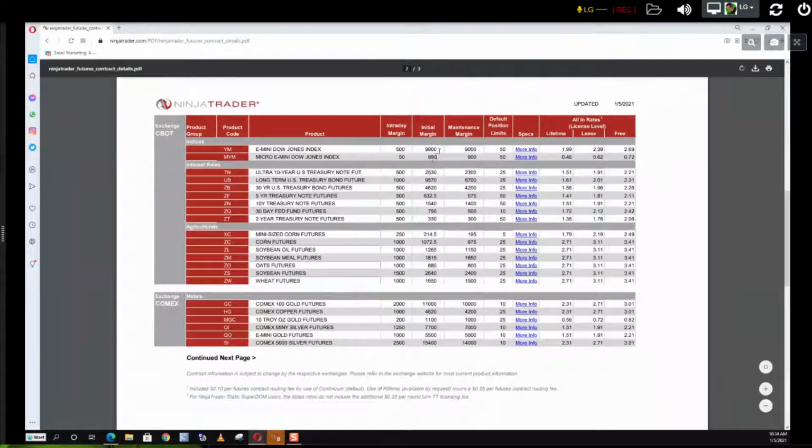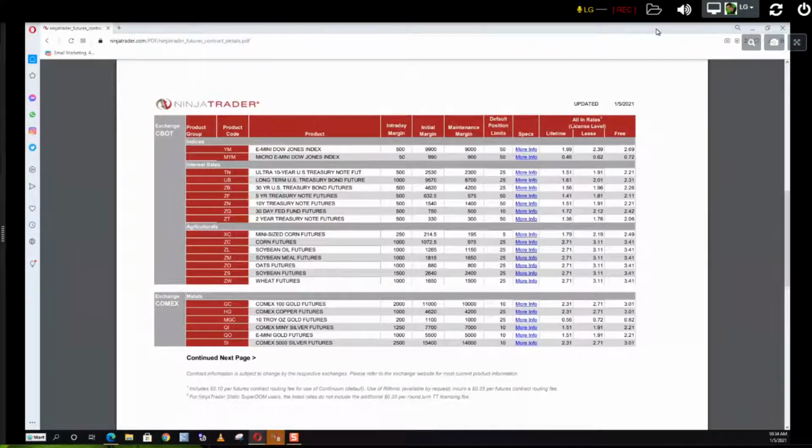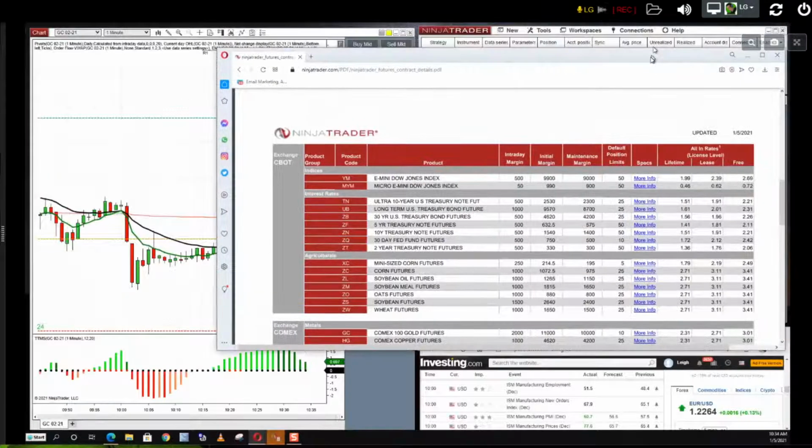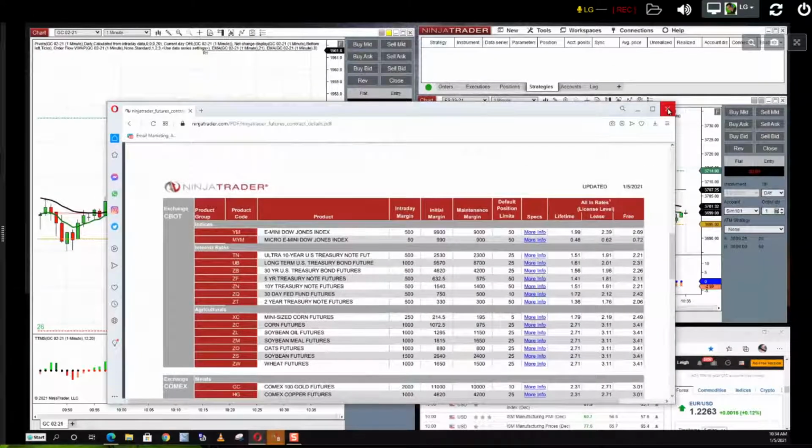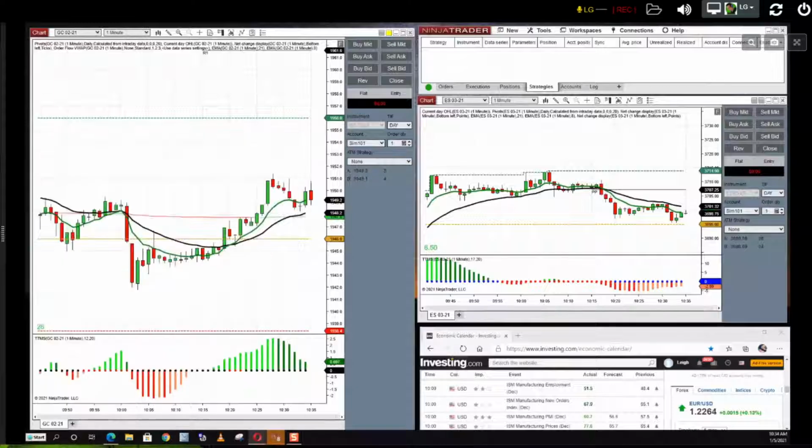And the broker will let you know if they change the margin, so always check your emails. If there's crazy things going on in the world, like the beginning of the world crisis, they were making the margins higher.